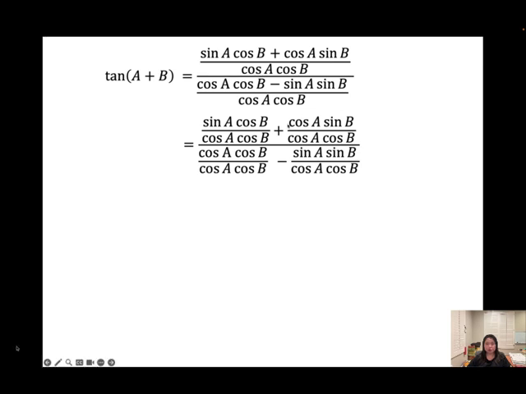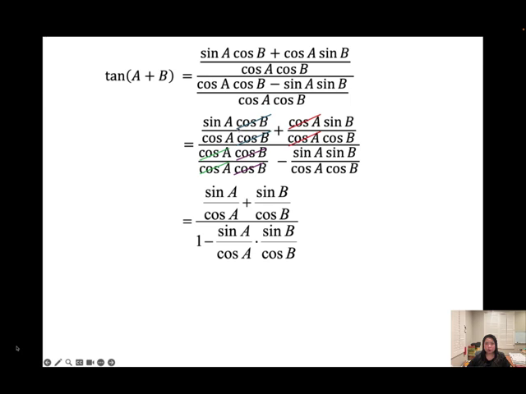Now I can simplify it. Looking at this fraction, I can cancel the cosine B. In this one, I can simplify the cosine A. And this one, I can simplify everything, leaving a 1. In the denominator there's nothing to simplify, so I keep the whole thing.